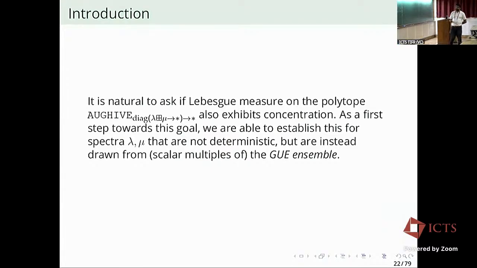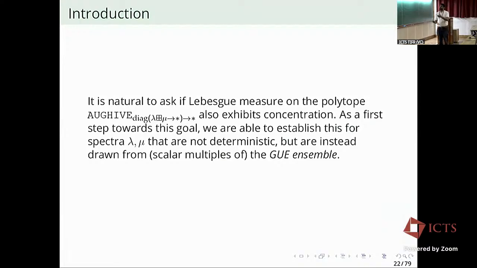So it's a result from free probability that if you take lambda and mu approaching a certain profile in a sufficiently nice way, weakly converging to it, then the spectrum of the sum also converges to a profile called the free convolution of these two profiles.